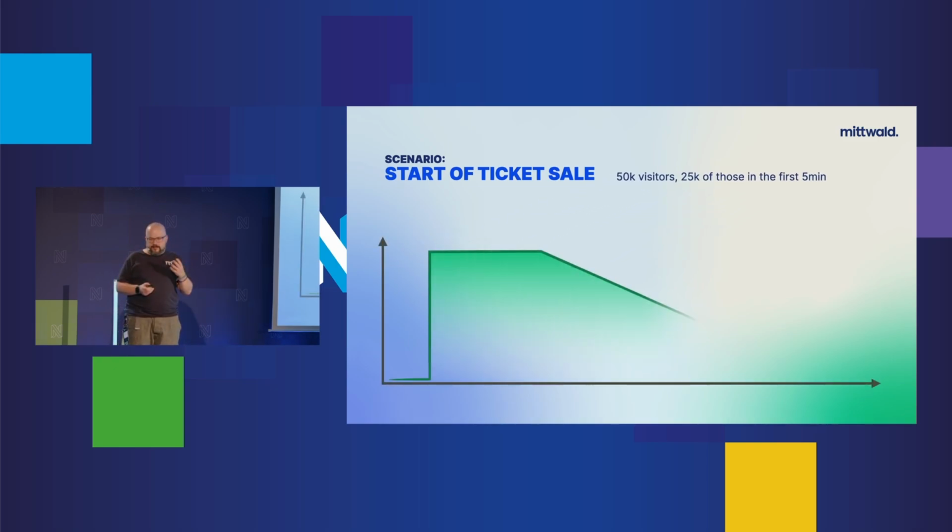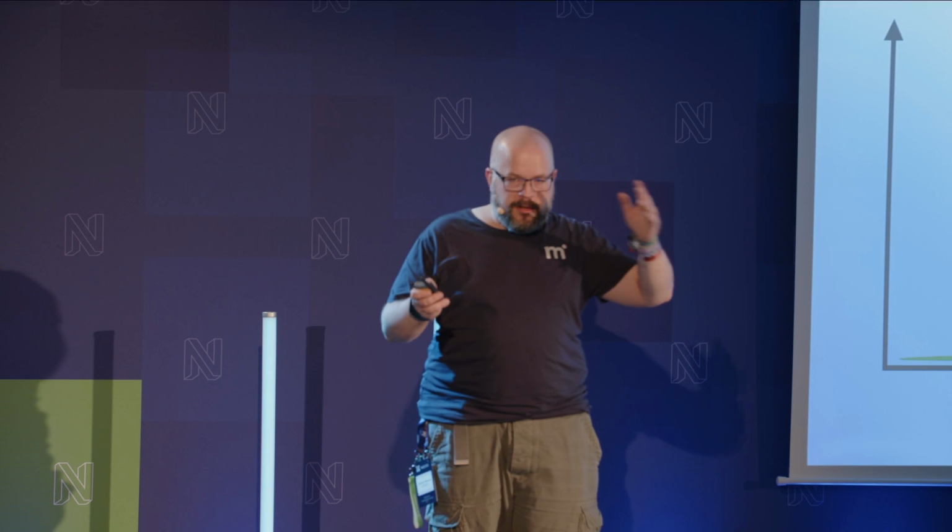That in itself is not particularly bad, but what's bad about it is that they're all arriving at the same time. They're announcing a specific date at which the ticket sale starts. They're announcing that on social media and whatever, like Thursday 10 p.m. ticket sale starts, and then everybody's hitting that site at the same moment.